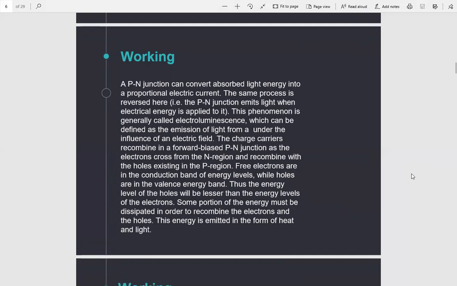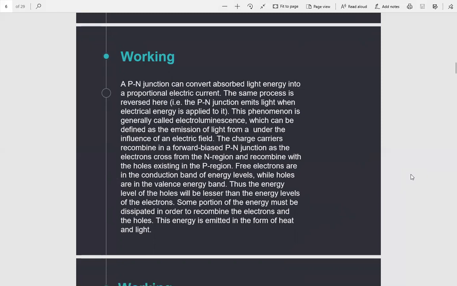Free electrons are in the conduction band of energy levels, while holes are in the valence energy band. Thus, the energy level of the holes will be lesser than the energy levels of the electrons. Some portion of the energy must be dissipated in order to recombine the electrons and the holes.